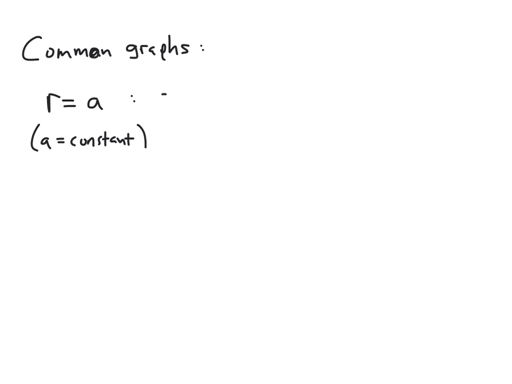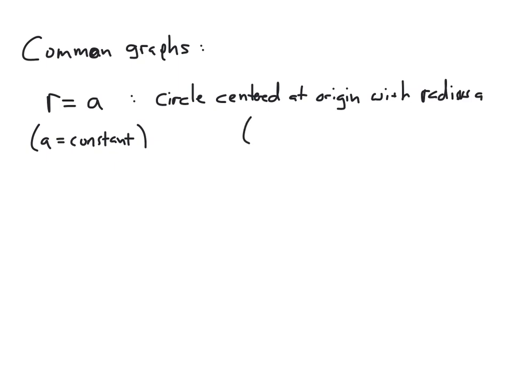So r equals a is simply a circle centered at the origin with radius a. So as an example, r equals 1 is the unit circle.